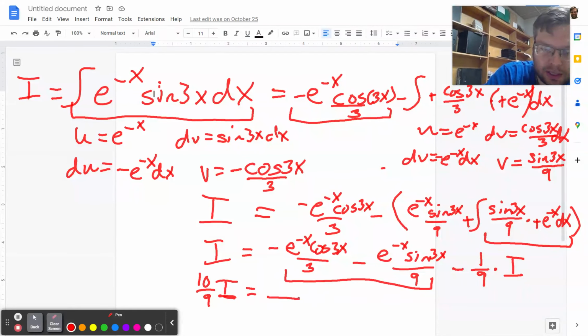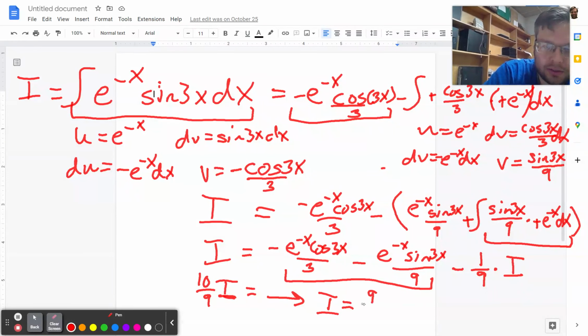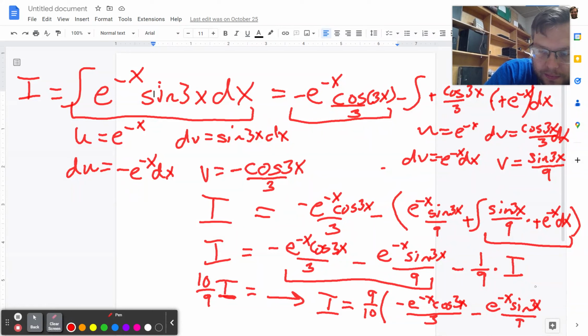So just pretend I wrote that step there. So then I is equal to 9/10 times the stuff I just underlined. Negative e to the negative x cosine of 3x over 3 minus e to the negative x sine of 3x over 9.